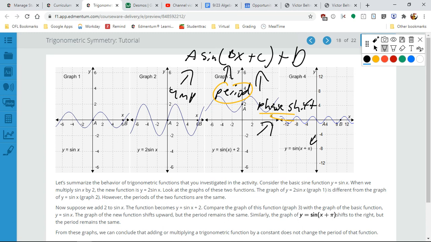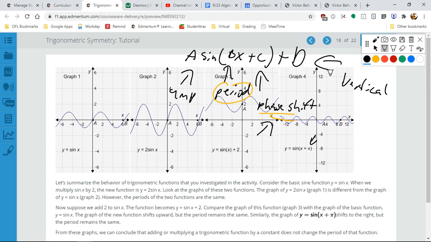So it's our phase shift. It's how it moves. But sometimes when we have a period change and a phase shift, it doesn't exactly move horizontally the way it should. It's really weird. I don't like it, but it's how math works. So I can't really do anything about it. I'll show you guys a little shortcut I learned about it. And then our D, in this case, this changes our vertical shift.